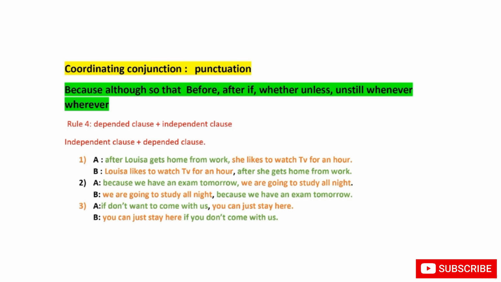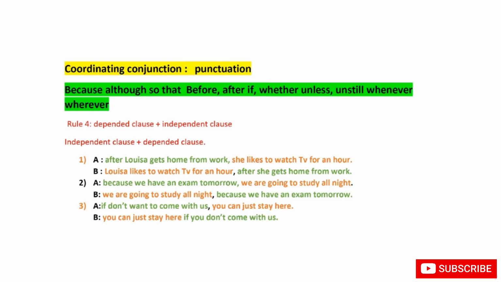Thus, this is a dependent clause, which is also called a subordinate clause. The conjunction after makes it a subordinate or dependent clause, so after is called a subordinating conjunction. To complete the sentence, we can add an independent clause. So, after Louisa gets home from work, she likes to watch TV for an hour.